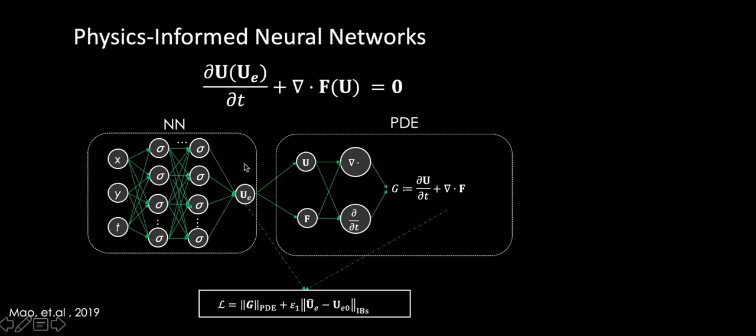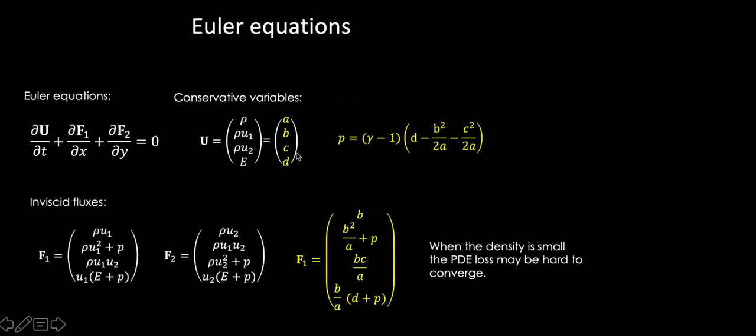We built a relation from x, y, t to the primitive variable, not directly to the conservative variable. Because we build the neural network to solve conservative variables, we would have a density denominator. This is only a small trick.